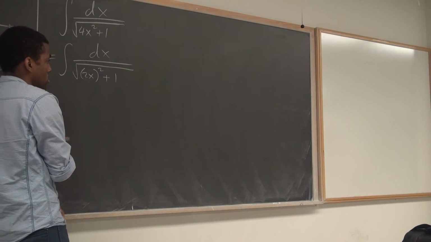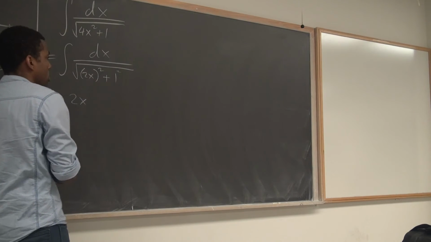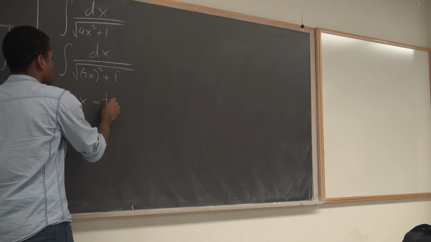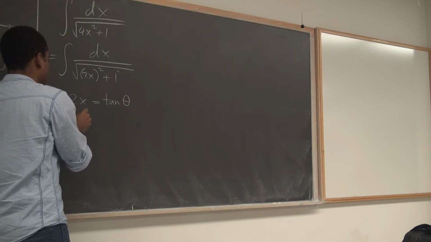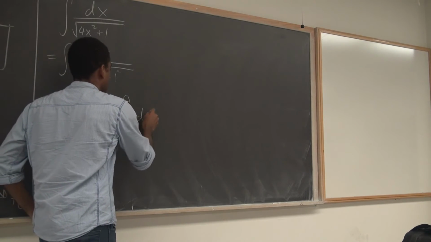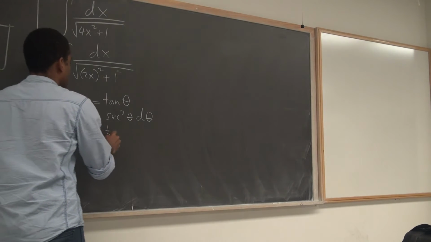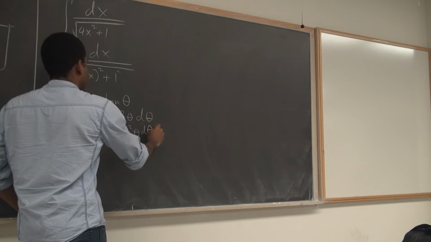Should we just take 2x as a? No, the a is going to be the 1. A is always a constant. Okay. So it's 2x equals tangent theta, which means that 2 dx equals secant squared theta d theta. Or in other words, dx is equal to 1/2 secant squared theta d theta.